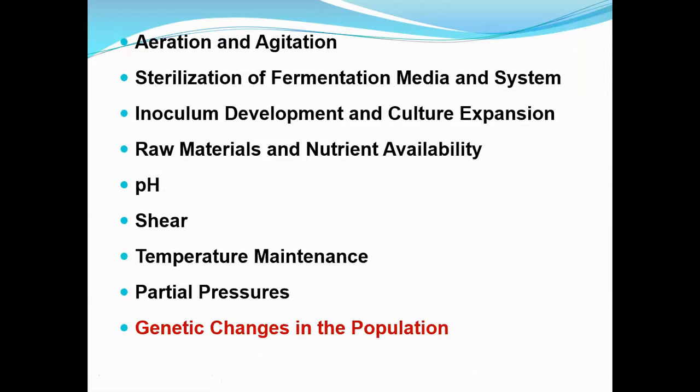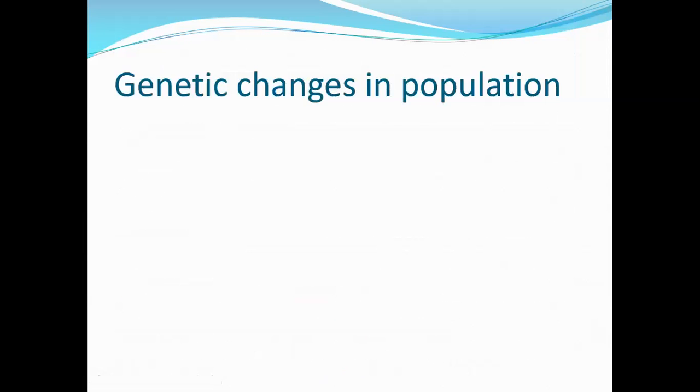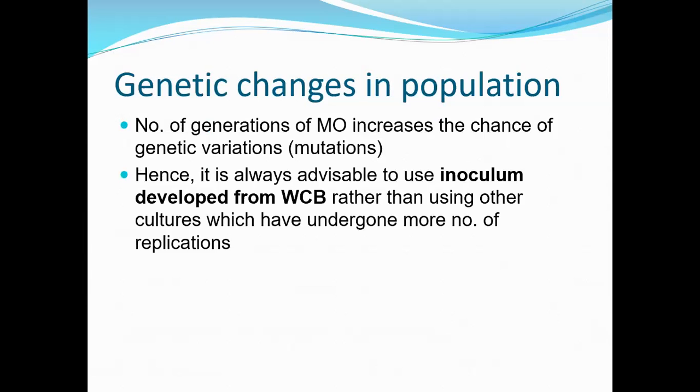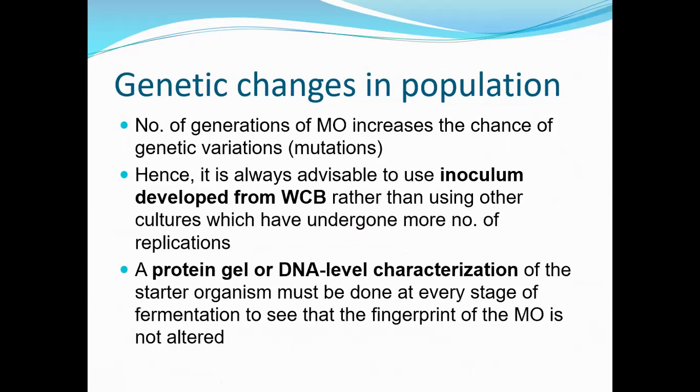The last is the genetic changes in the population. The number of generations a microorganism is passaged will increase the chances of genetic variation or mutations. Hence it is always advisable to use the inoculum developed from the working cell bank rather than using other cultures which have undergone more passages or more replications.